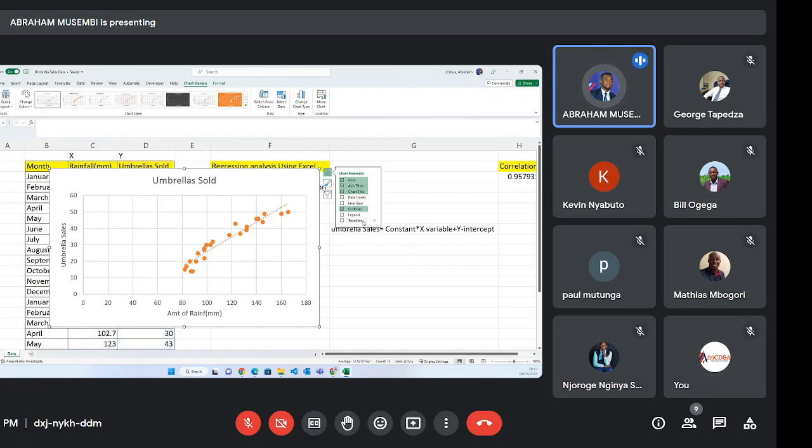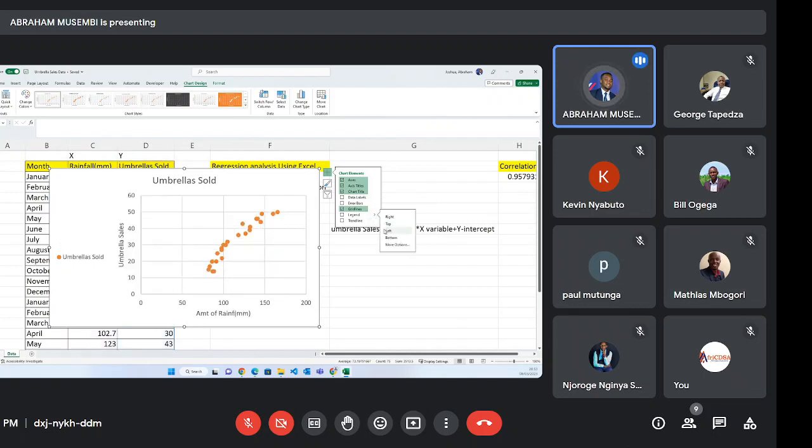When you go to trendline, don't click it yet. You can see we have a certain arrow here, meaning there is more. You can see even here we have more.